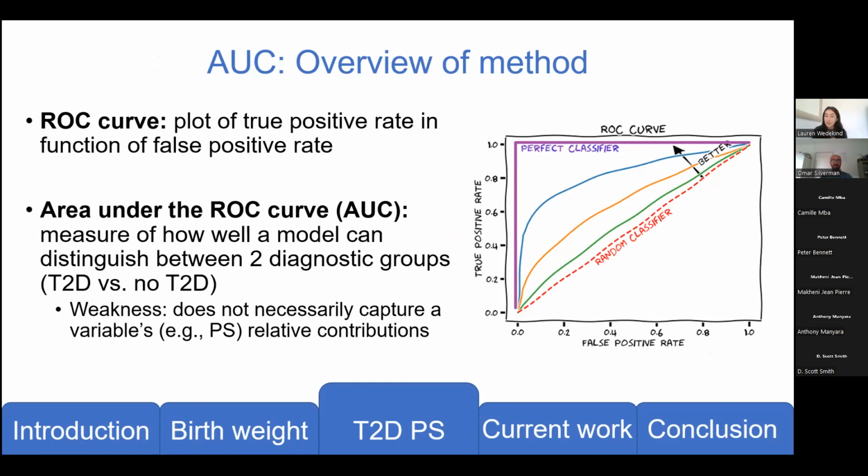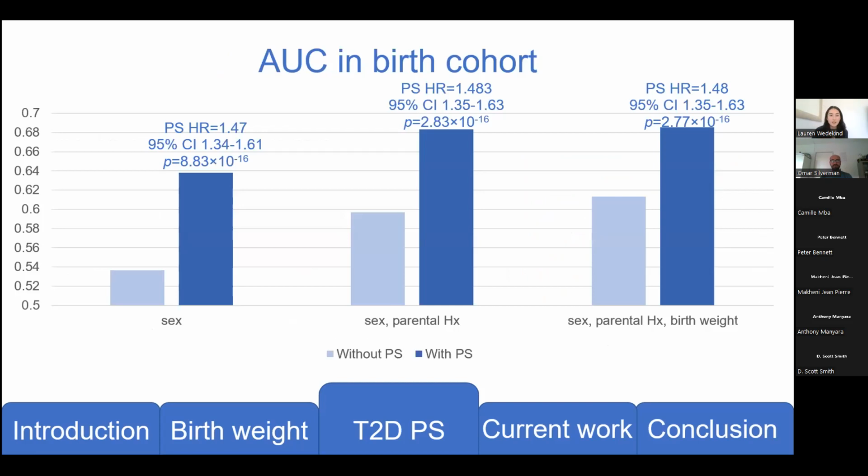And the area under that curve is a measure of how well a given model can distinguish between cases or non-cases. So if a person developed type 2 diabetes or did not. A weakness of this is that you have to input a whole model, basically including a bunch of different predictors in addition to a predictor of interest, and it doesn't assess the individual contributions of each of the predictors in the model.